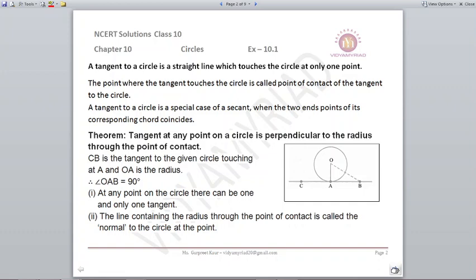For a tangent, it has to touch the circle only at one point. Number 2. The line containing the radius to the point of contact is called the normal to the circle at the point. OA is the radius, so this can also be called the normal to the circle at the point.